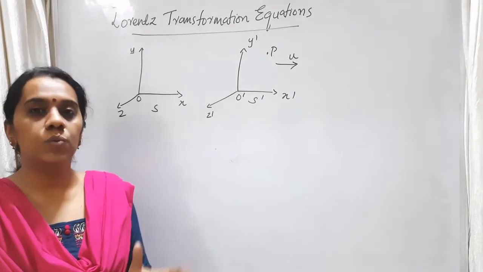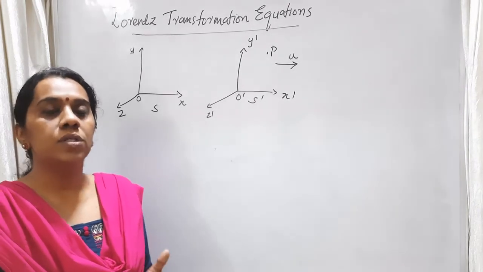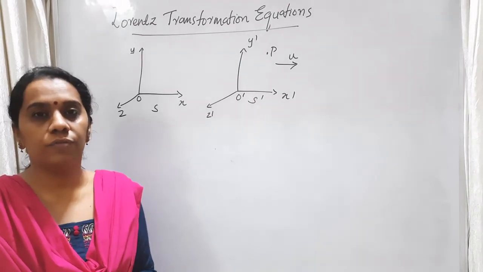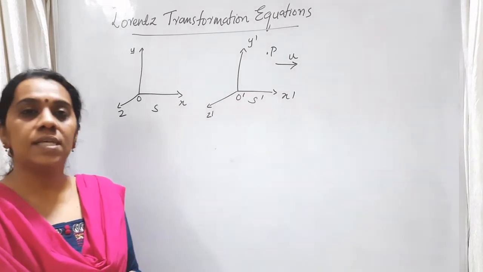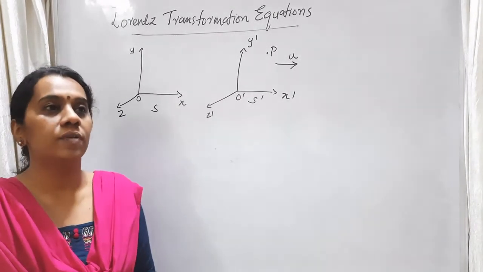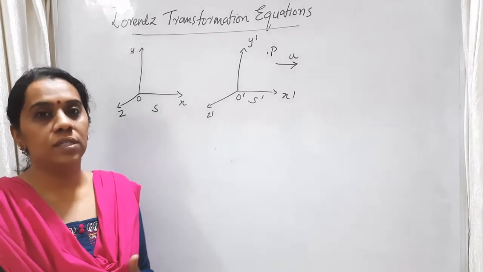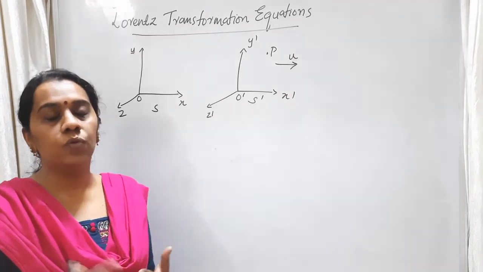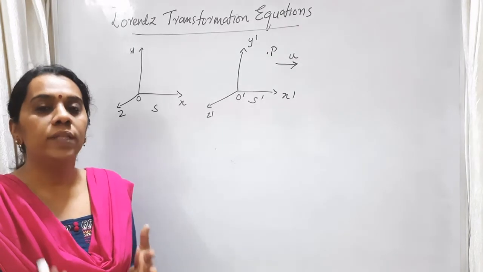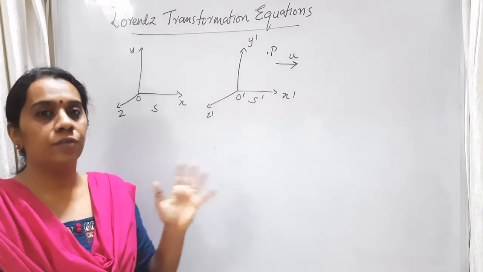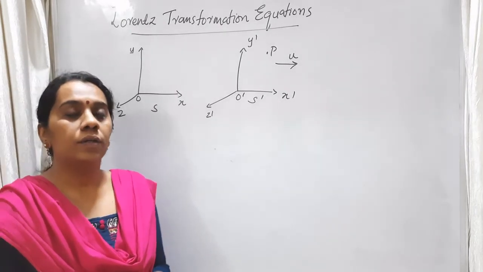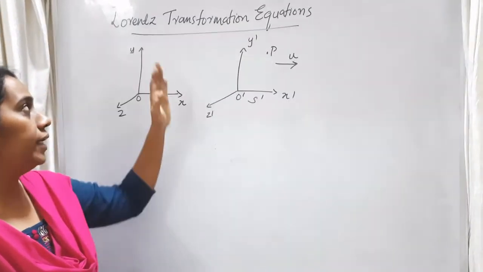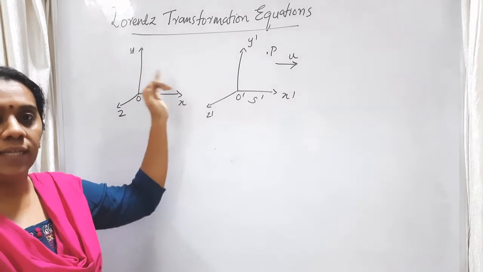A free body, on which no force is acting, will move with a constant velocity in whichever frame of reference you observe. So x should be a linear function of time coordinate t.